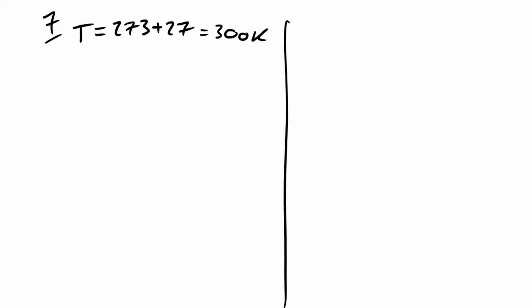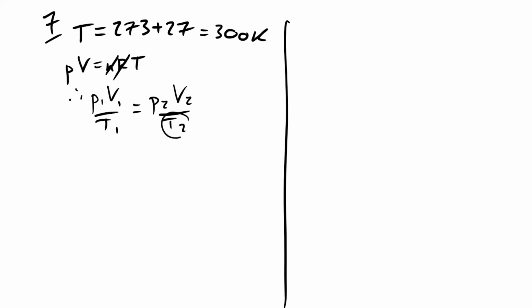Okay, so we're dealing with P, V and T in this situation. So PV equals nRT, n and R are staying constant. Therefore, we can say P1V1 over T1 equals P2V2 over T2. We're looking for T2, so just cross multiplying everything, we end up with T2 is equal to P2 over P1 times V2 over V1 times the original temperature.